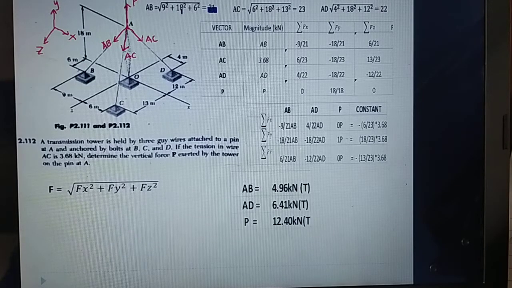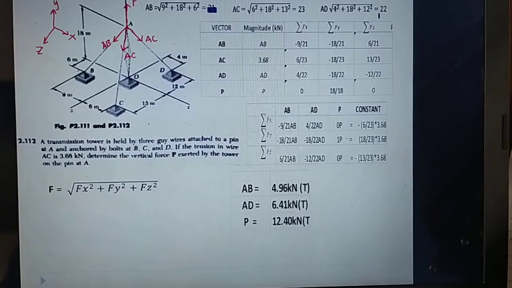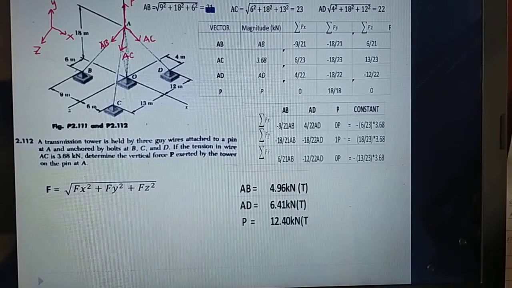So 9 squared plus 18 squared plus 6 squared, that is 21, and for AC 23, and for AD 22.